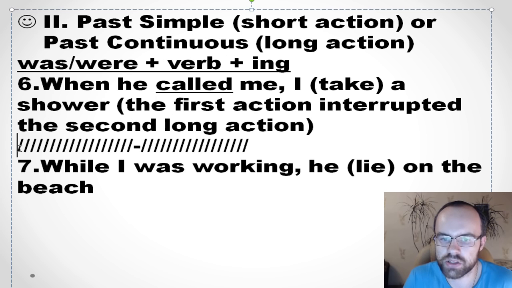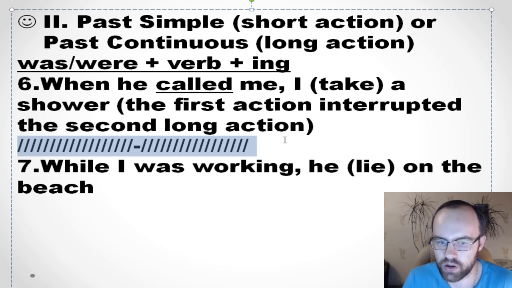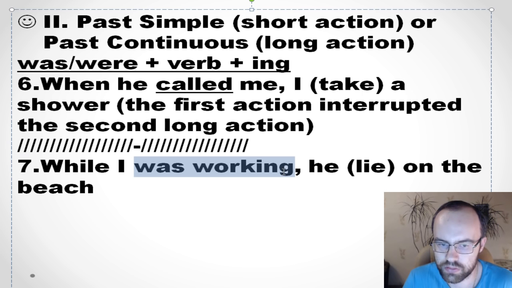So I was taking a shower, and suddenly he called me, and we use past continuous for these situations. One more situation, look. While I was working, he lay on the beach. So you see, it's past continuous.